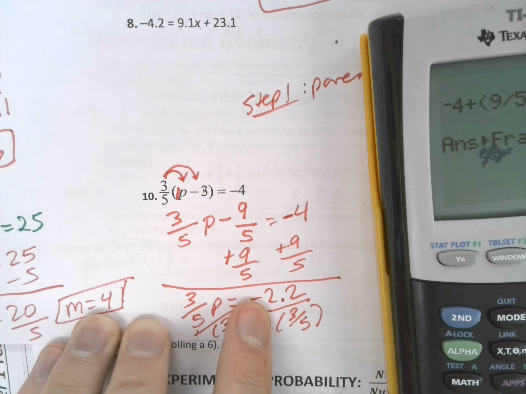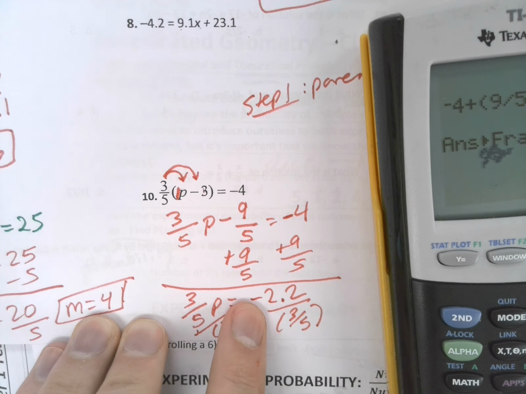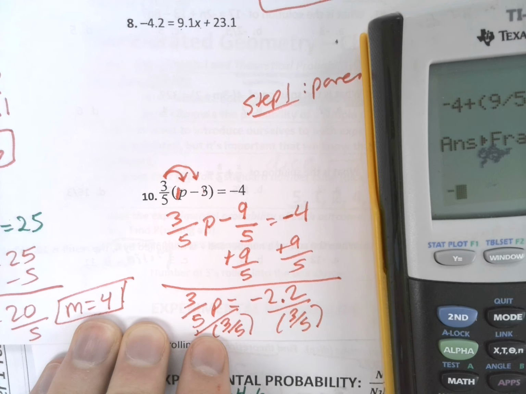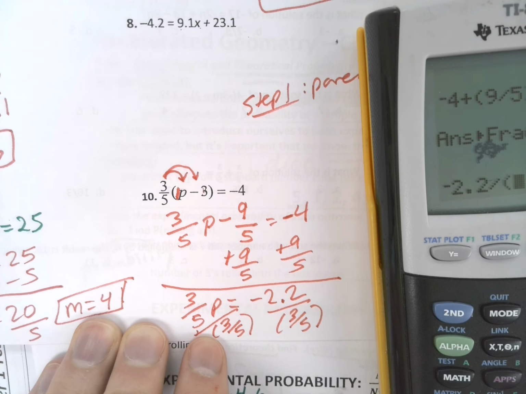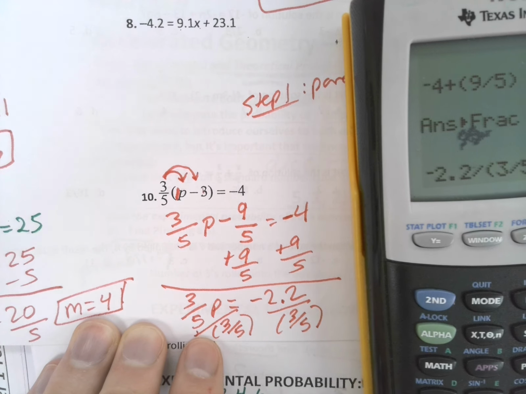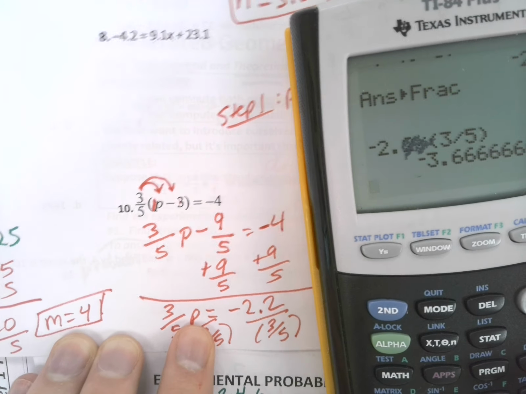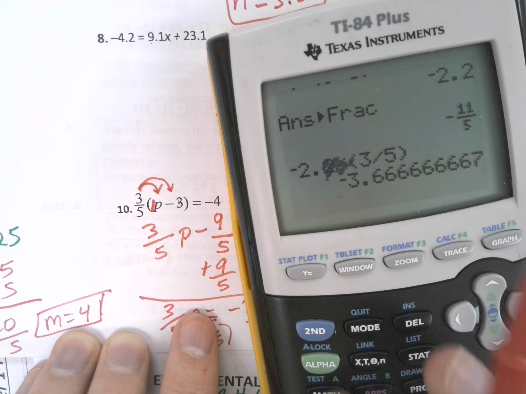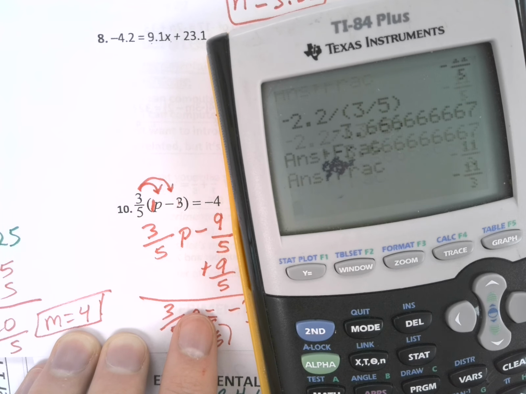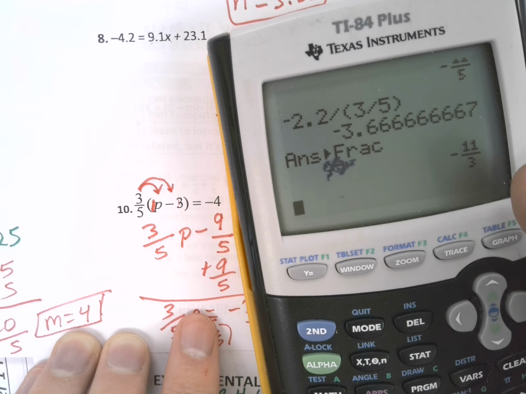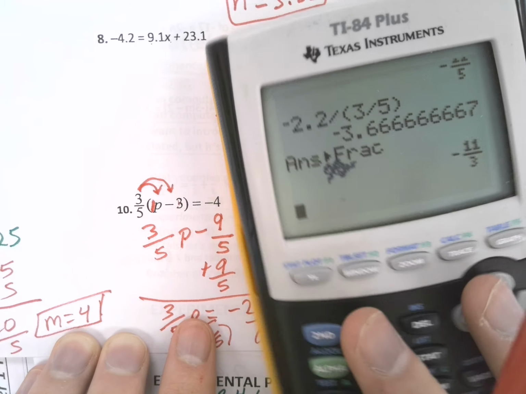So either you could write this as negative 11 over 5 or negative 2.2. And then negative 2.2 divided by parentheses 3 over 5. Ooh, that's ugly. So as a fraction, that would be negative 11 over 3.